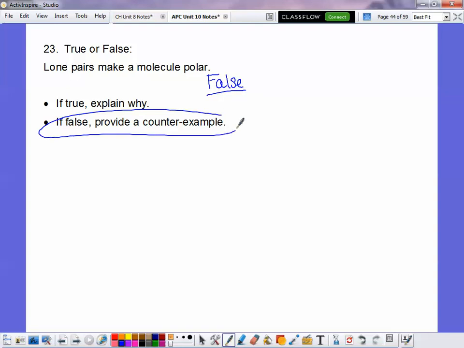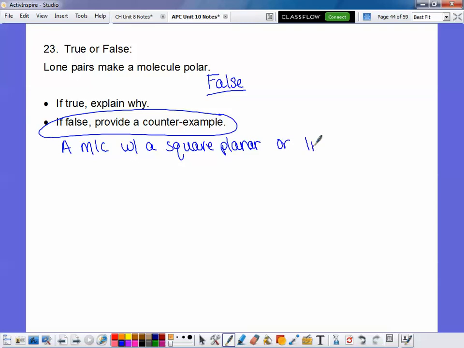So a counterexample would be any molecule with a square planar or linear shape from the trigonal bipyramidal family geometry. Anything like that. And a common example of this is XeF4.